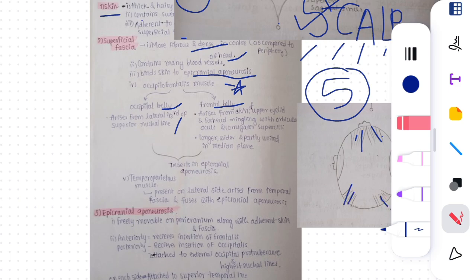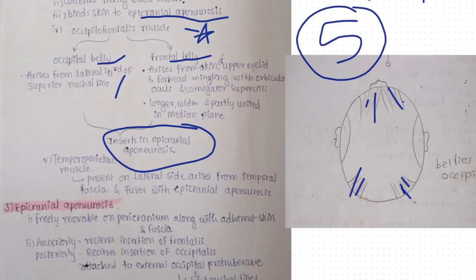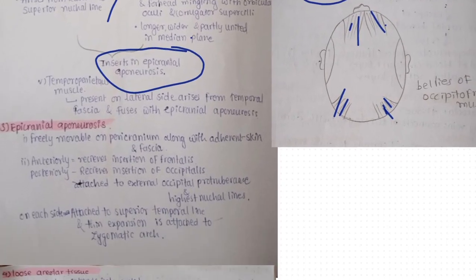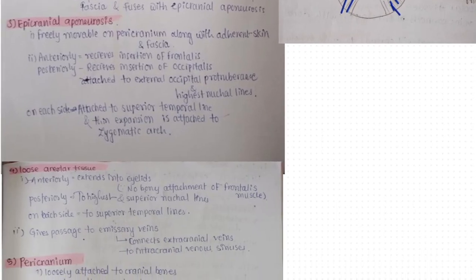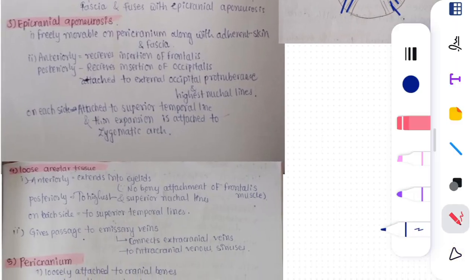So, next one we can see epicranial aponeurosis. It is freely movable on pericranium along with adherent skin. Anteriorly receives insertion of frontalis, posteriorly receives the insertion of occipitalis, attached to external occipital protuberance and highest nuchal lines.